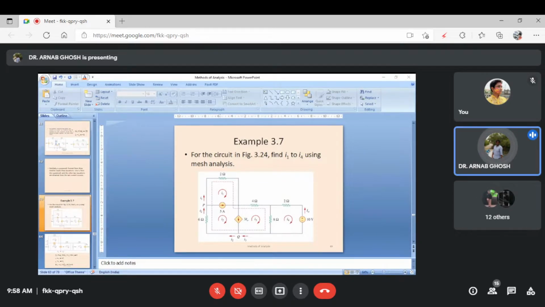So you see, you already have 2 constant equations. One is I1 minus I2, another is I2 minus I3.